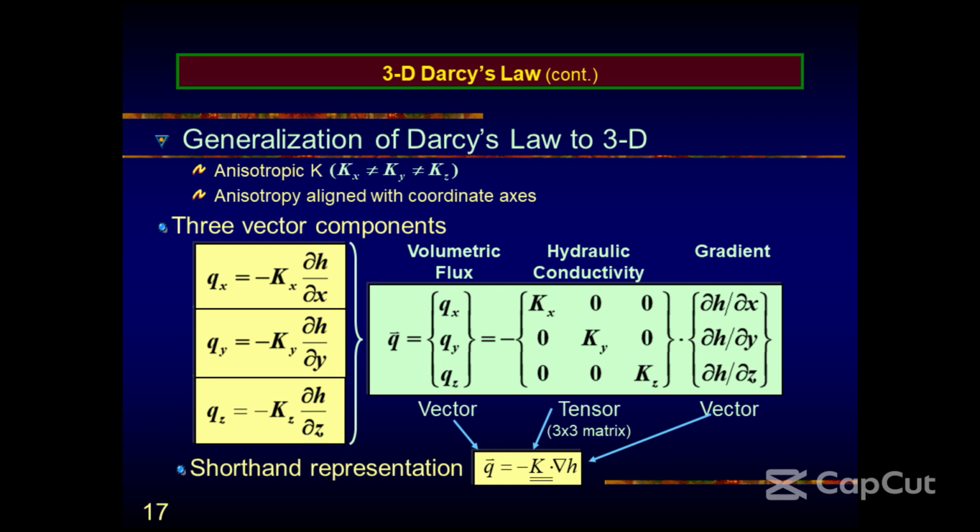This is the hydraulic conductivity for aligned anisotropy, so all the cross terms are 0, and this is the hydraulic gradient. This is a vector, a tensor, and another vector. This is now the shorthand representation.